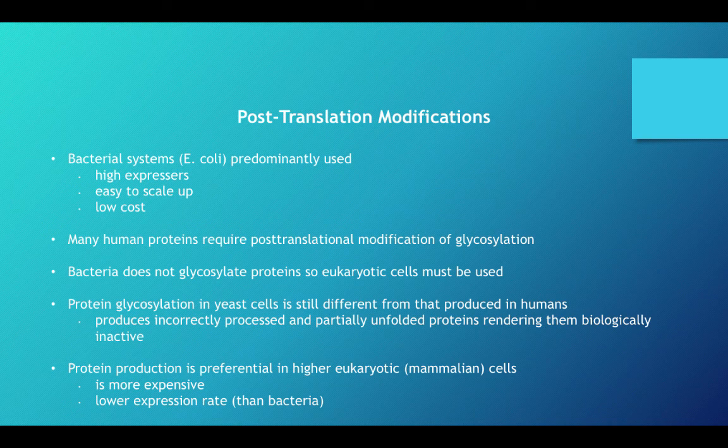Glycosylation in yeast cells is still vastly different from that produced in humans, resulting in incorrectly processed and partially unfolded proteins, rendering them biologically inactive. Protein production in higher eukaryotic cells is preferred, but this process is unfortunately more expensive with a much lower expression rate.